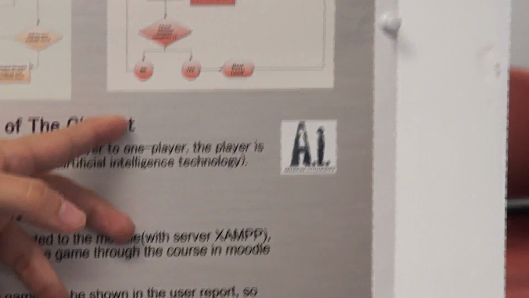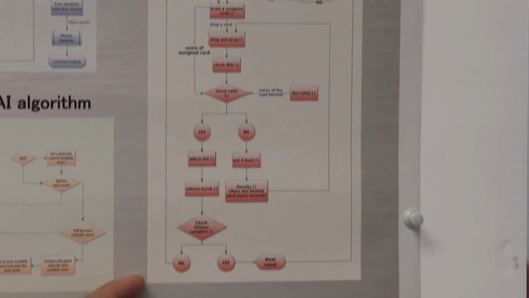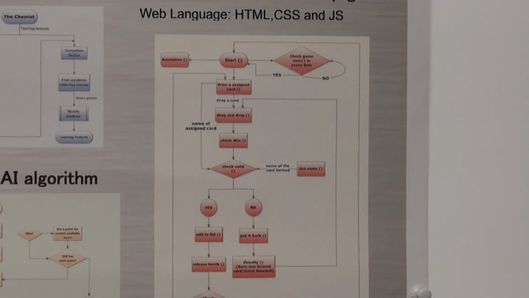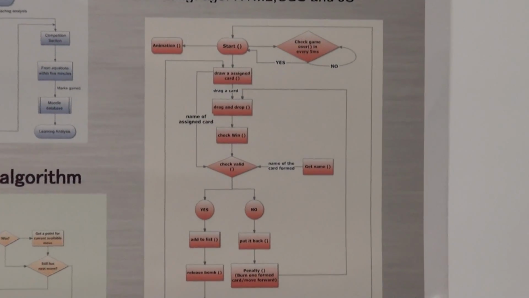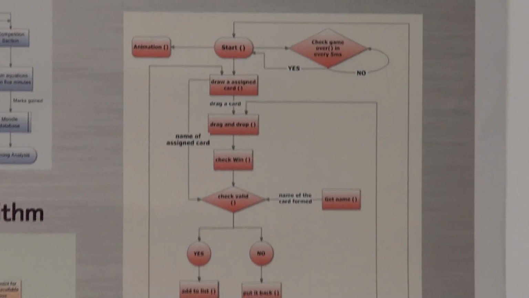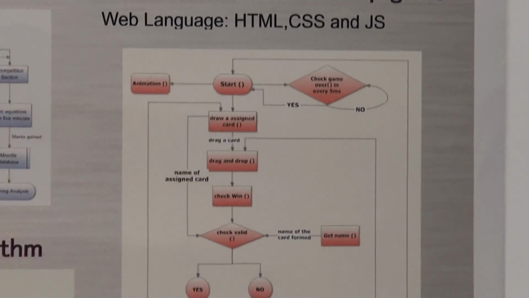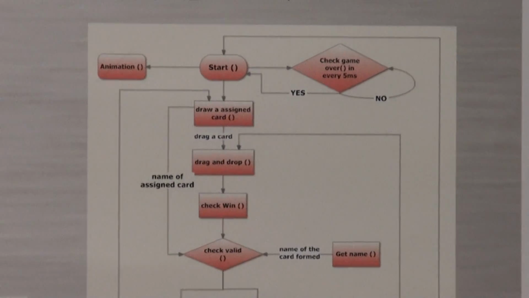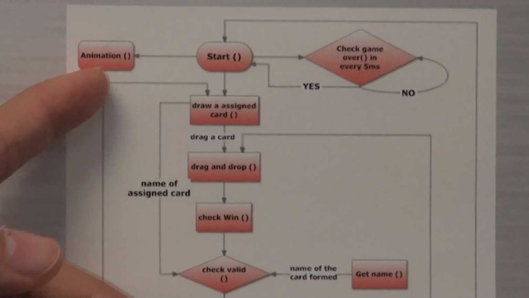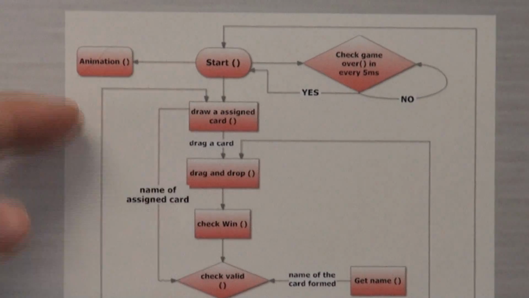The Chemist is a web-based game, and we use the programming languages HTML, CSS, and JavaScript to develop it. When the game starts, it will call animation start and also check game over.